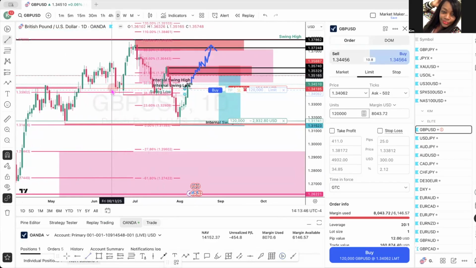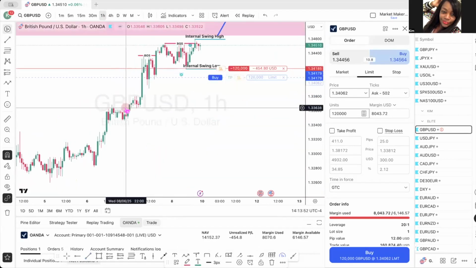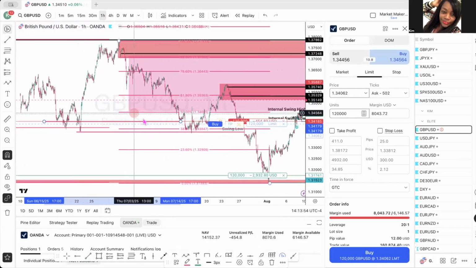If you trade like Tide, from here to here on the 1 hour, this is Tide's zone right here. So Tide's zone broke below this zone.